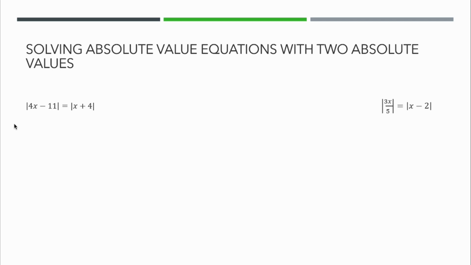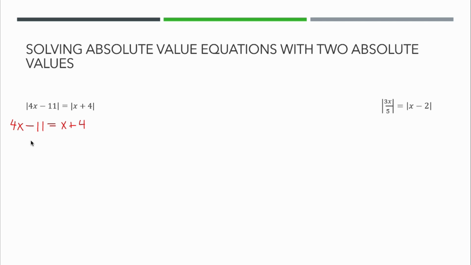So I'm going to set 4x minus 11 equal to the positive variant of this, x plus 4, and I'm going to set it equal to the negative variant of this, but we'll get to that later. Let's solve this one first.